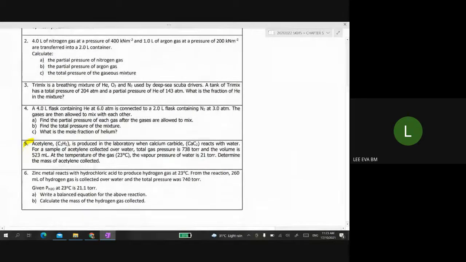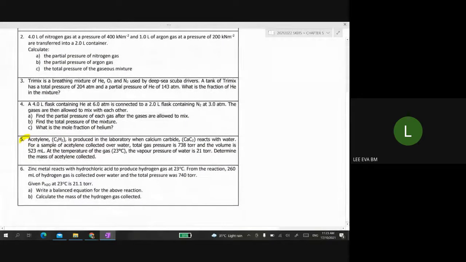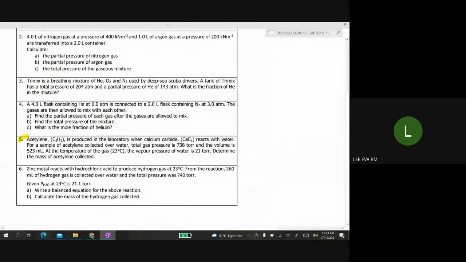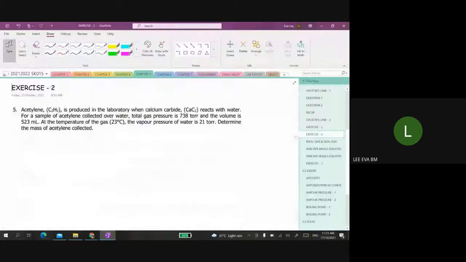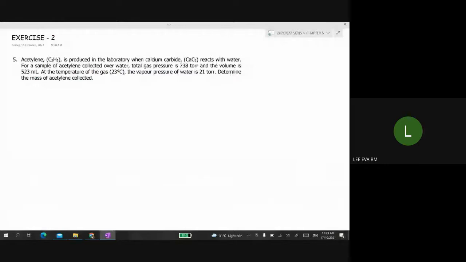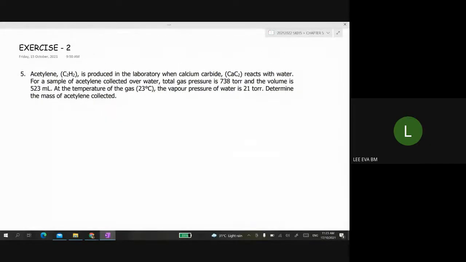Then Madam will show you one more example, question 5. Find the question in your notes first. Are you ready for this question? Did you find it? Okay, then do it.